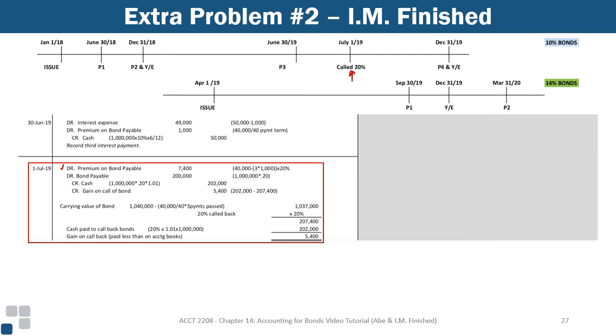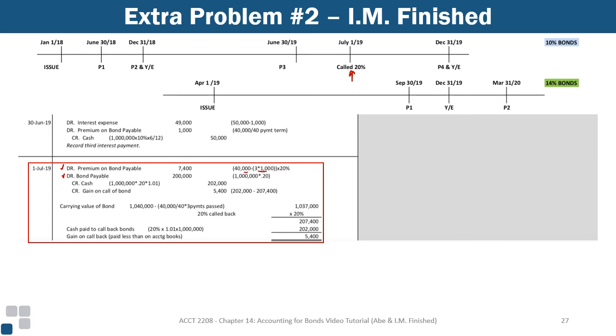So the balance in the bond premium would be $40,000, the original balance, minus 3 payments or 3 amortizations of $1,000. So 40,000 minus 3 is 37,000. 37,000 times 20% is 7,400.